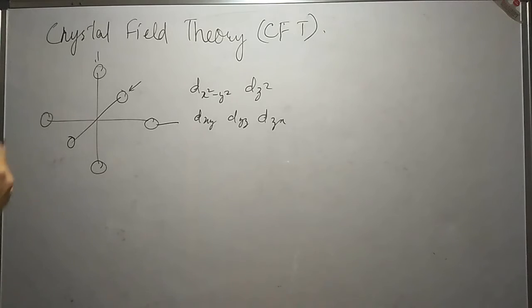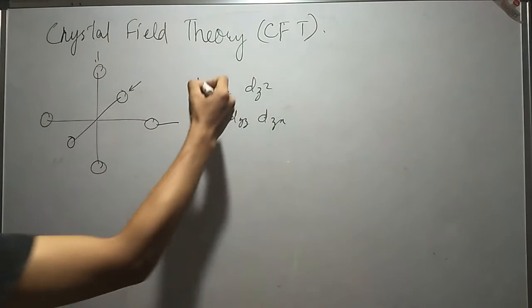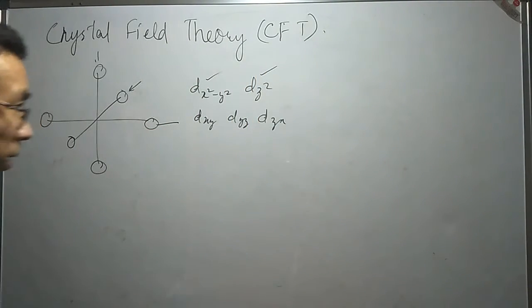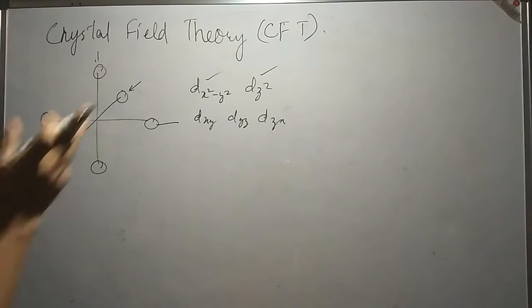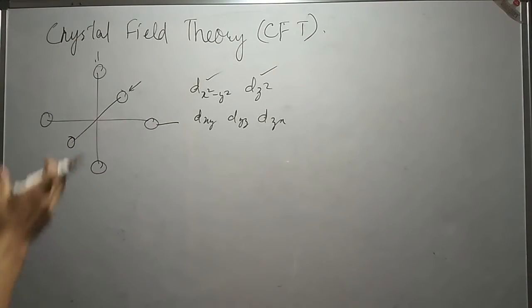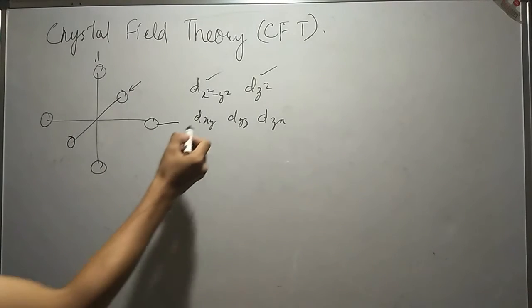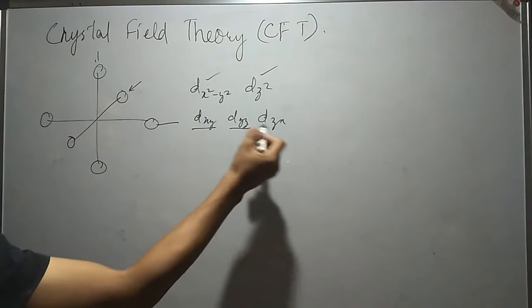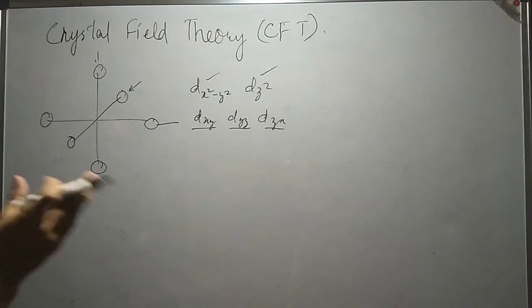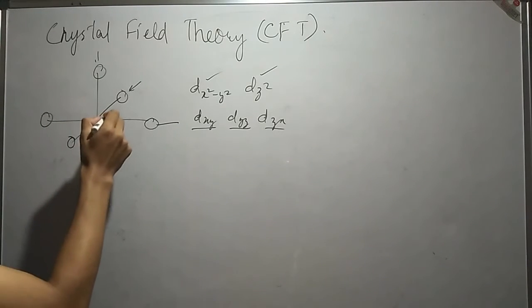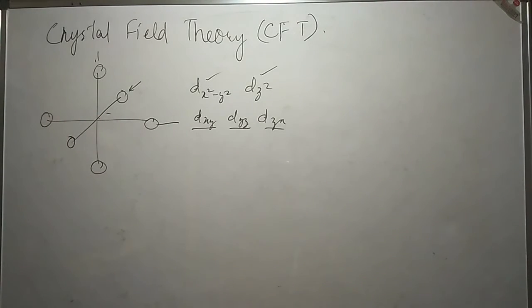Now, along the 3 axes, the dx square minus y square and dz square orbitals are present, oriented exactly along each of the axes. But the dxy, dyz and dzx orbitals are present in between the 3 axes. Therefore, the approach of the ligand along the axis will be much closer.